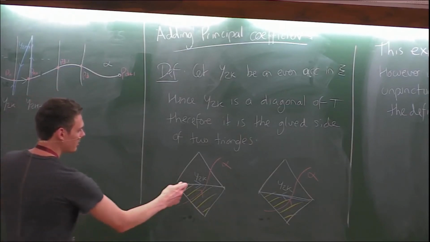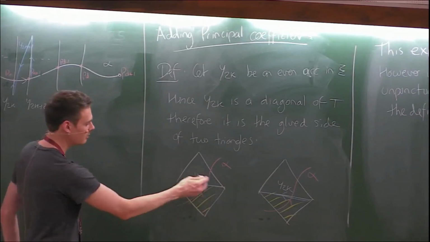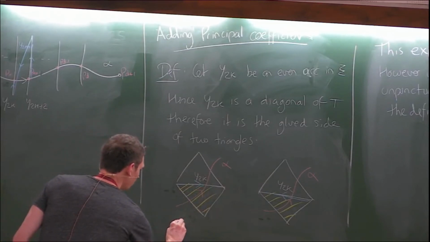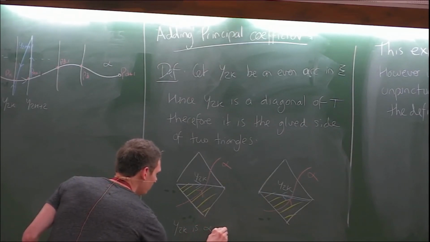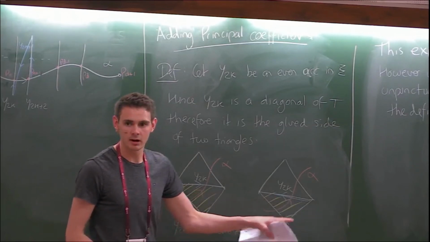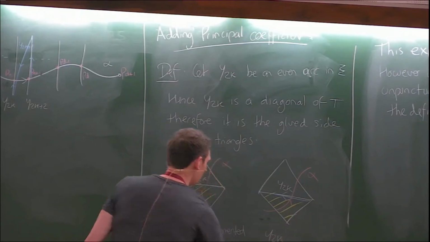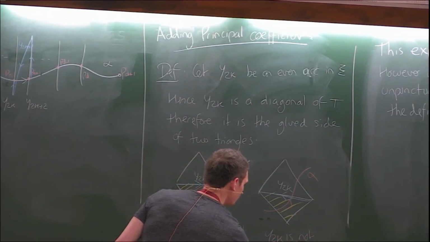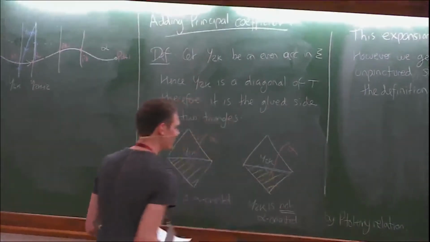And this is therefore part of a clockwise triangle, right? So we call gamma 2k alpha-oriented, and here it disagrees. It's anti-clockwise. So therefore gamma 2k is not alpha-oriented. Okay.